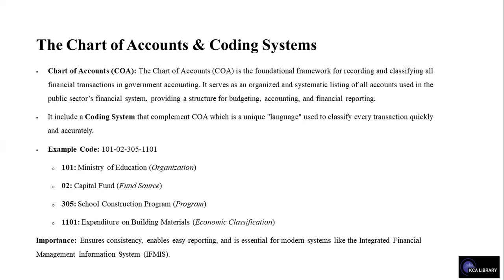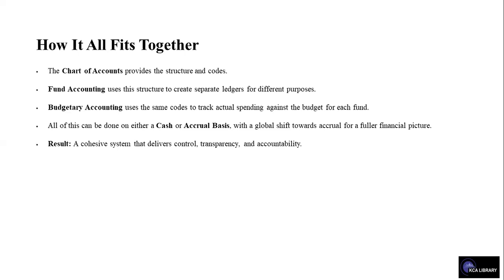And this is important to ensure consistency, enable easy reporting, and it is also essential for modern systems like the Integrated Financial Management Information System, IFMIS.